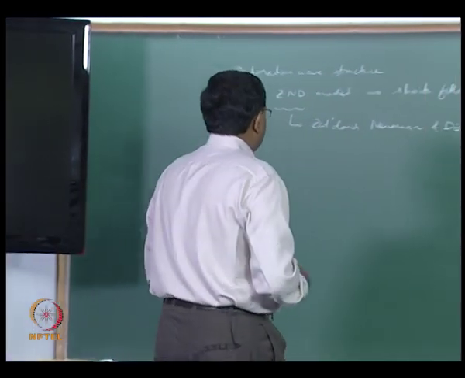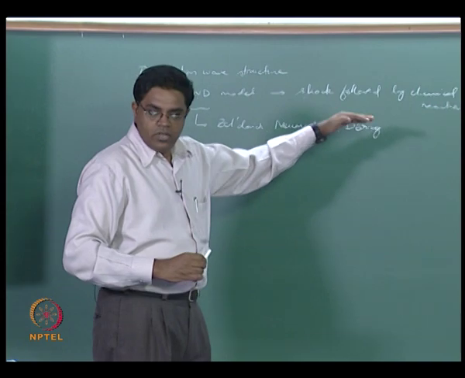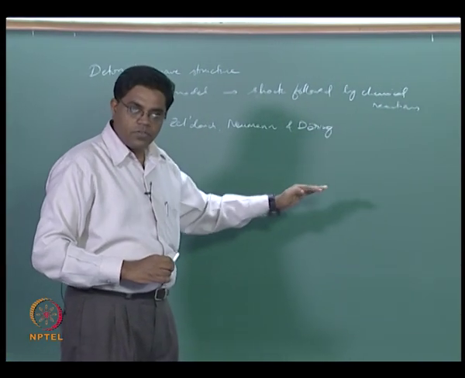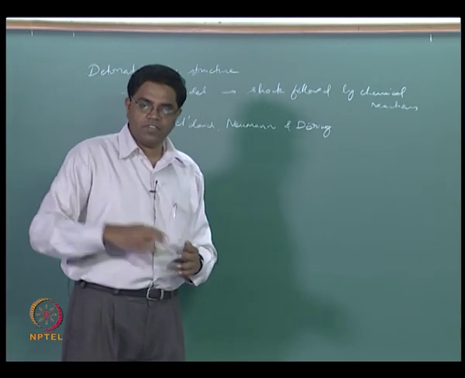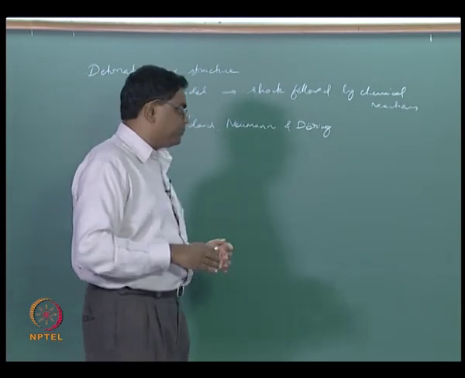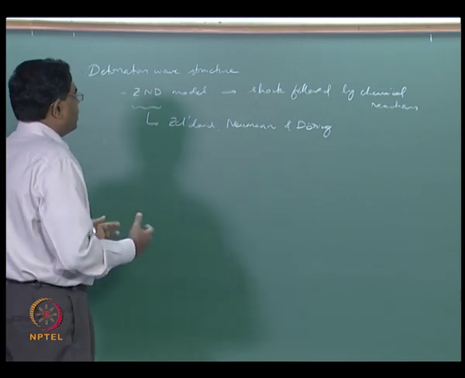We will see how this approximation can be relaxed as we discuss this a little bit further, but within the framework of the ZND model, the essential approximation is the first thing that you have is a shock, and then you have chemical reactions.